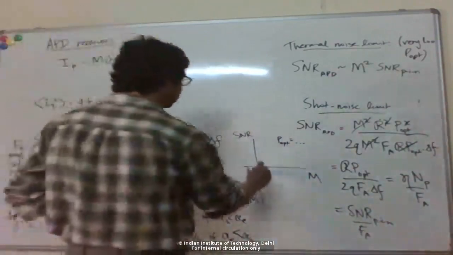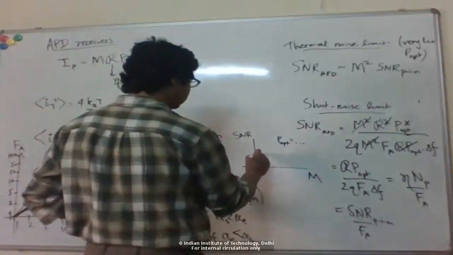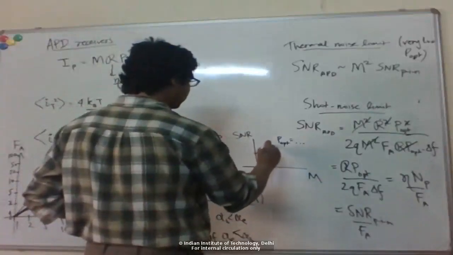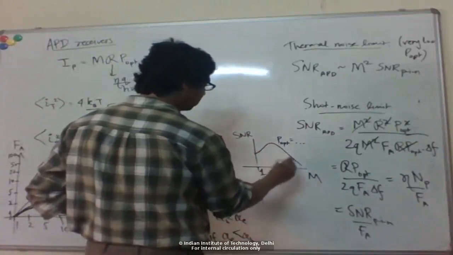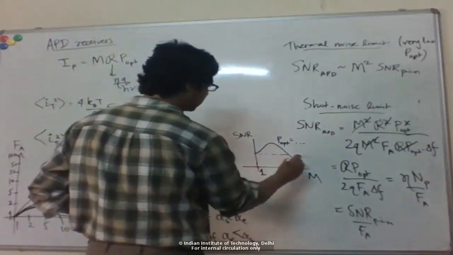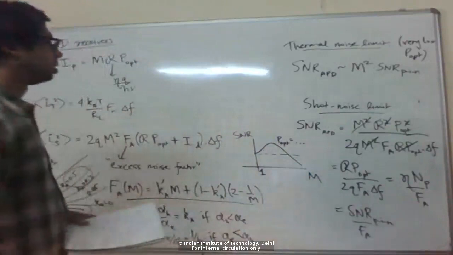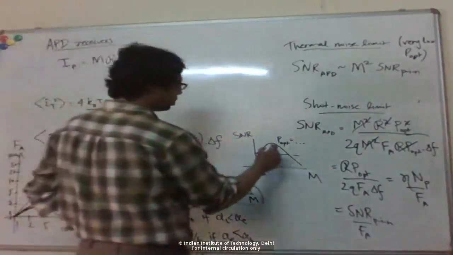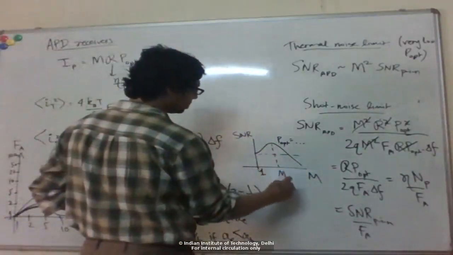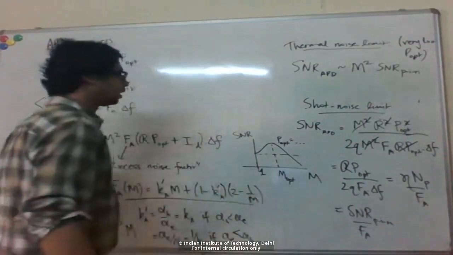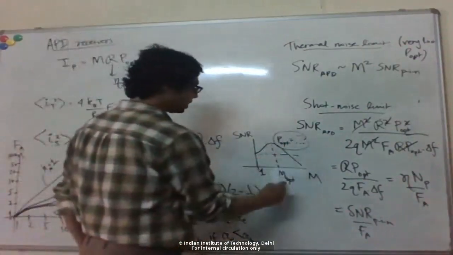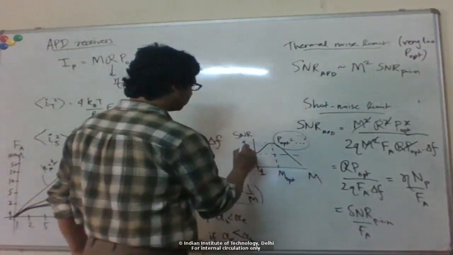If I start from m equal to 1, which is the pin photodiode case, initially SNR will increase and then it will start dropping and then it will go below where I started. Okay, so there is an optimum gain here, right? So for a given optical power, there is an optimum gain which will give me the maximum SNR.